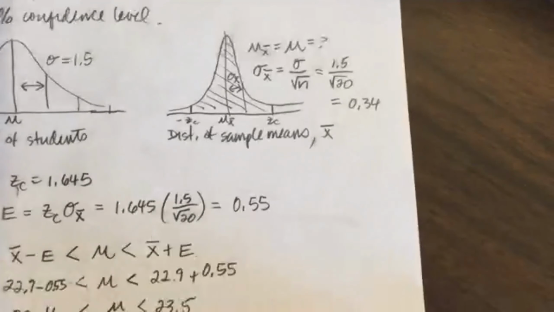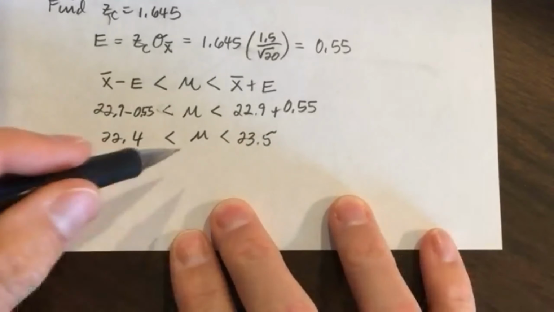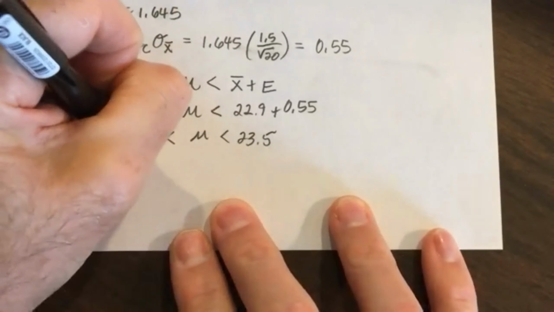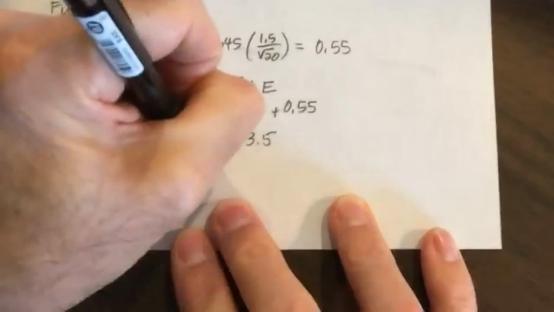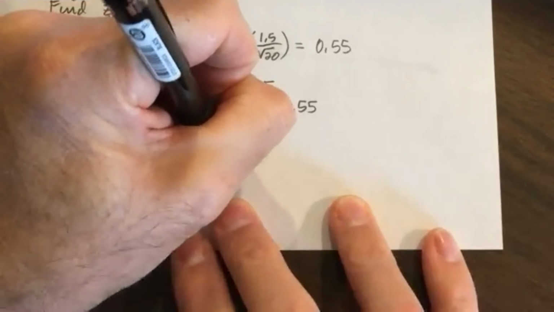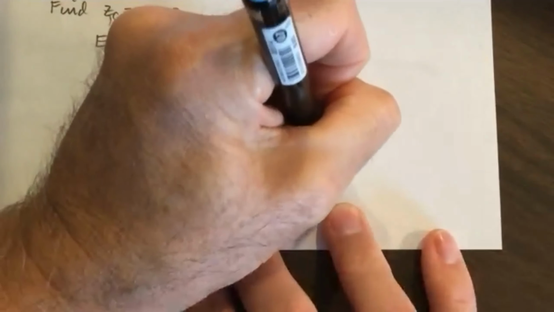Okay, so we can write the confidence interval using greater than, less than, like this, or we can write it in interval notation and say, my confidence interval is 22.4 up to 23.5, and we'd have a 90% confidence interval.